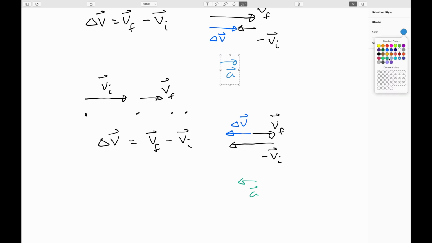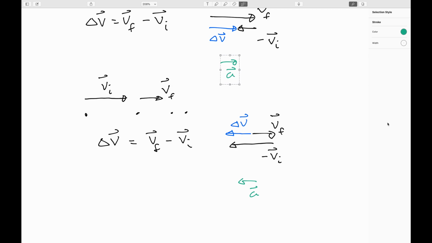So here what we see is that the object is going to the right, but it's slowing down. So here the acceleration is anti-parallel with the velocity. And when the acceleration is anti-parallel, that tells us that it's slowing down.